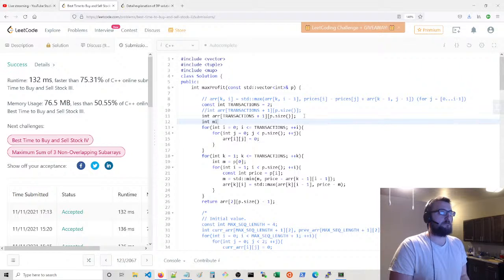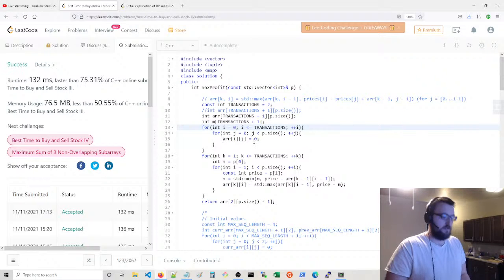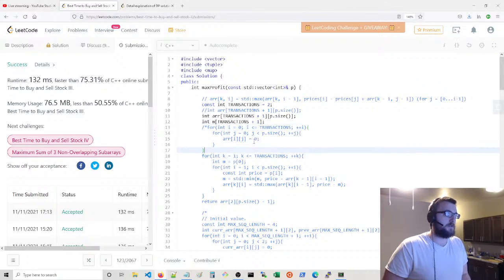m is now an array of size transactions plus 1, and comment this out now.